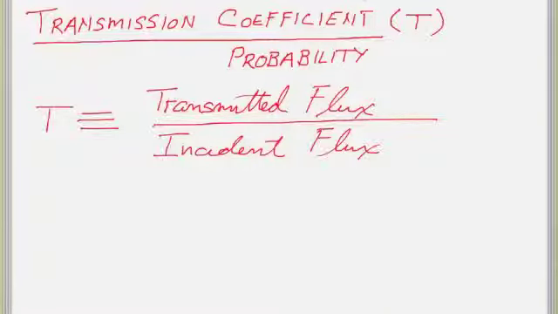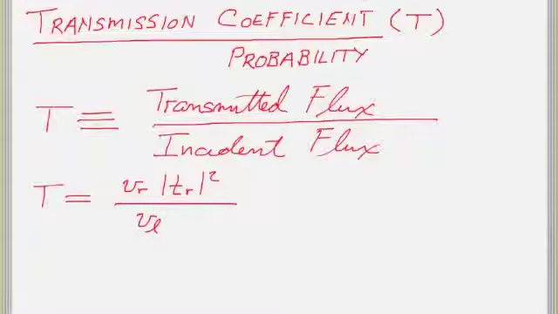So T is equal to, the transmitted flux was V right, T right magnitude squared. The incident flux was just V left.